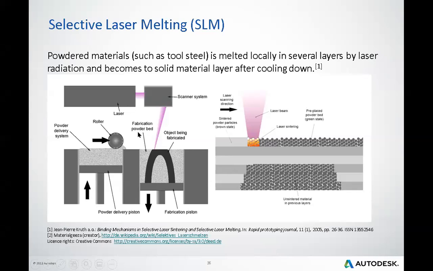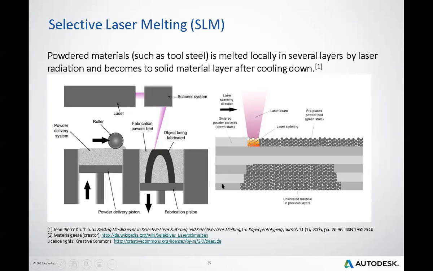And then we can see the fabrication powder bed is here. Once the laser directly shoots the powder, it melts down and combines with the previous layer, and then we can produce the cooling channel here. After that, the piston will push up, and then we get the part out of the bed.